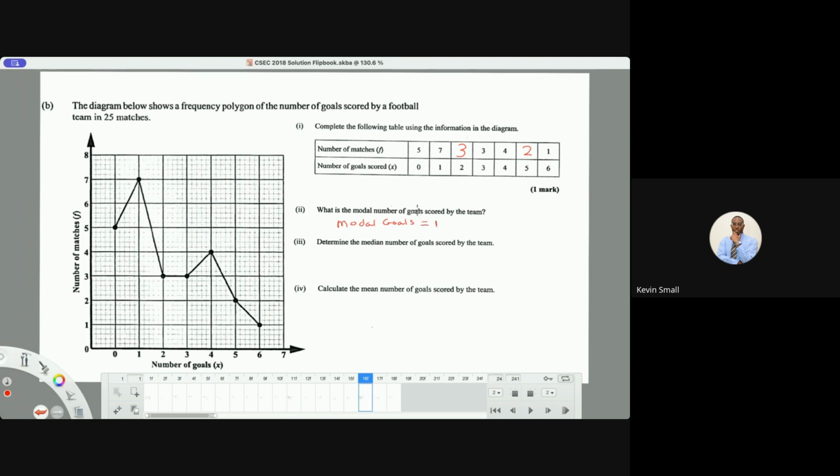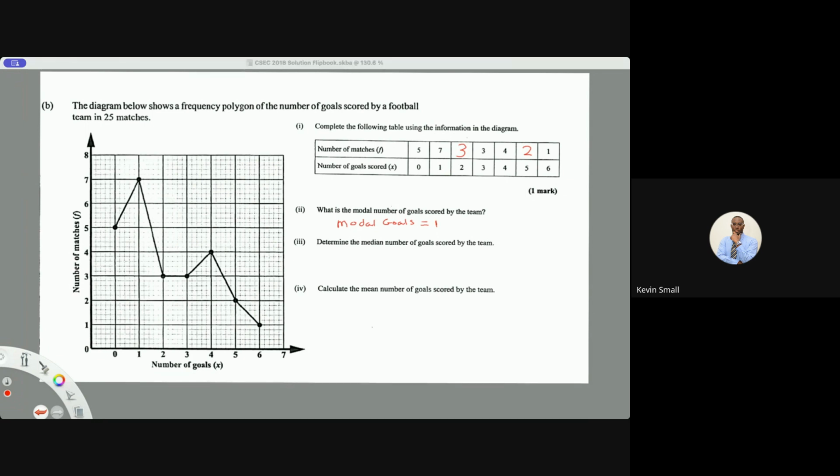All right. What is the median number of goals? In my opinion, you should try to figure out how many goals were scored in total first before you even attempt that.